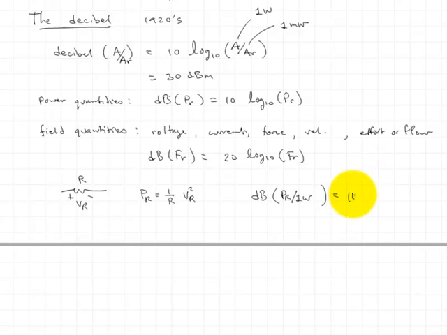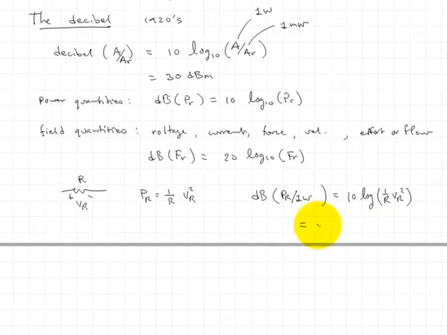I'd say it's 10 log base 10 of 1 over R V_R squared, divided by 1 watt, but that's a little superfluous.